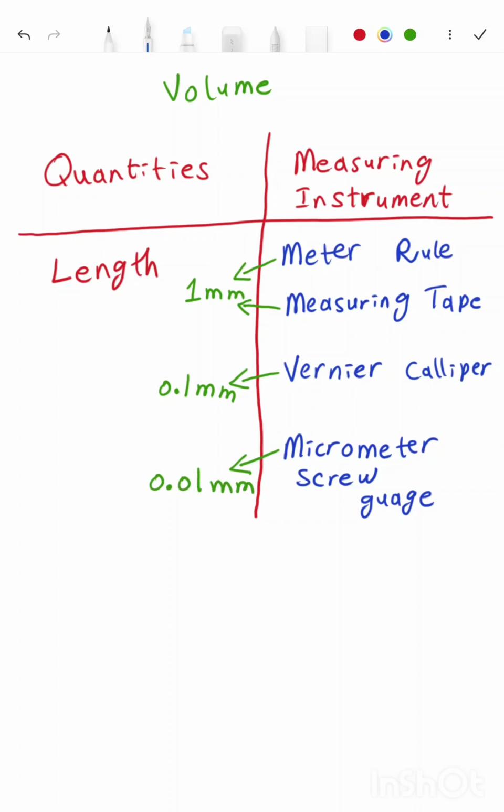If you want to convert it into centimeters, 0.01 millimeter is equivalent to 0.001 centimeter, 0.1 millimeter is equivalent to 0.01 centimeter, and 1 millimeter is equivalent to 0.1 centimeter. So out of these instruments, the micrometer screw gauge is the most accurate one, then comes the vernier caliper, and then comes the meter rule or measuring tape.